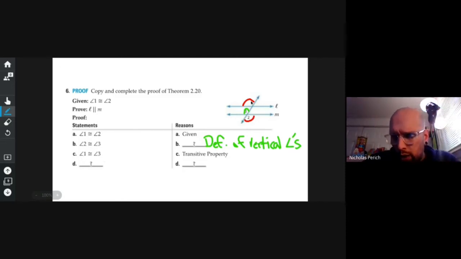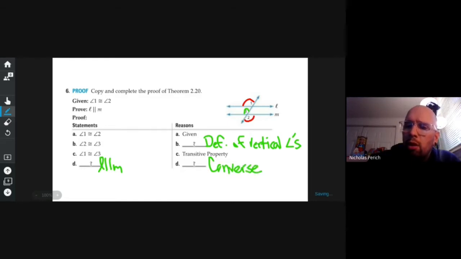And if 1 is congruent to angle 3, then we could say that L is parallel to M. And if they decide to use 1 and 3, then that's the converse of the corresponding angles postulate. Now, no cap.